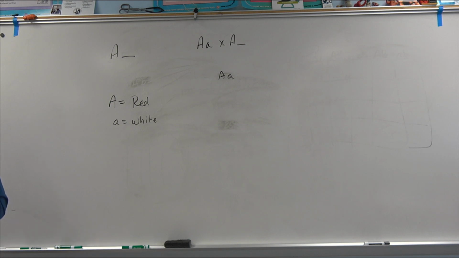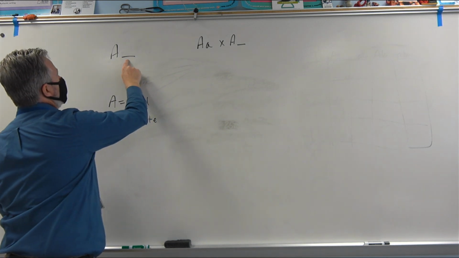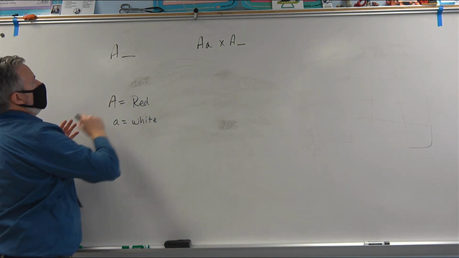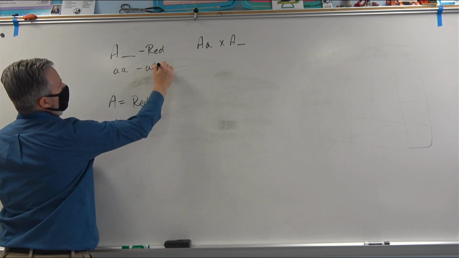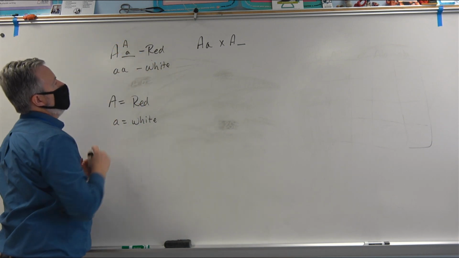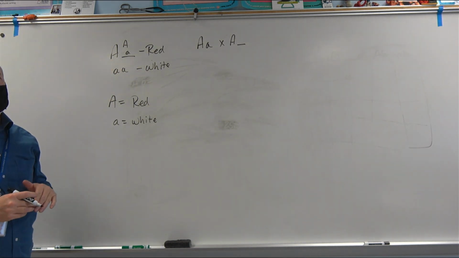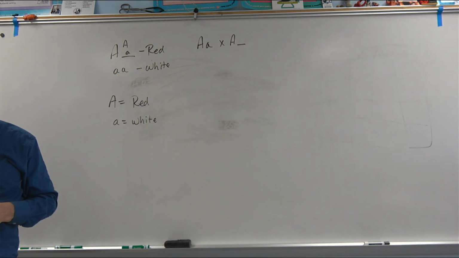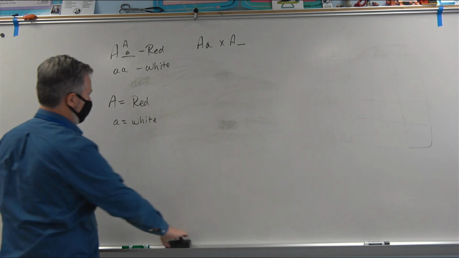It could be either, right? Sometimes you'll get things that are written like this, and it'll say this is red, and then it'll say this is white. What does that underline mean? It means it could be big A or little a. When you answer the question, you have to give the full genotype. Don't just put a line there. You guys got it? All right.